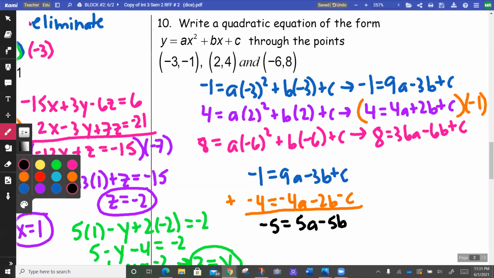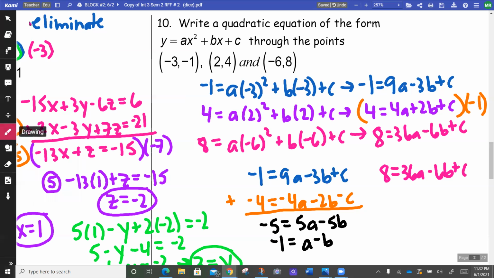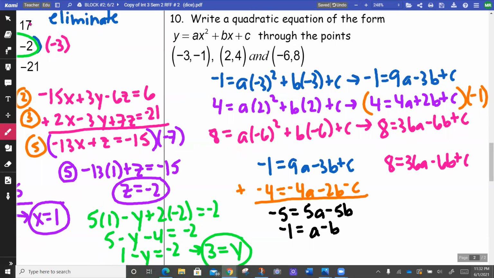I actually can divide everything by 5 and get a -1 is equal to a minus b. Okay, so now let me take the pink equation, which is 8 is equal to 36a minus 6b plus c, and I'm going to times it by the same orange one, which I had times by a -1. So that's going to be -4 equals -4a minus 2b minus c.